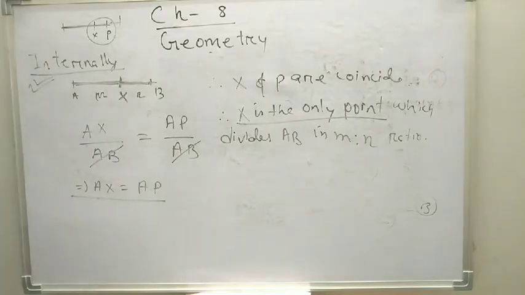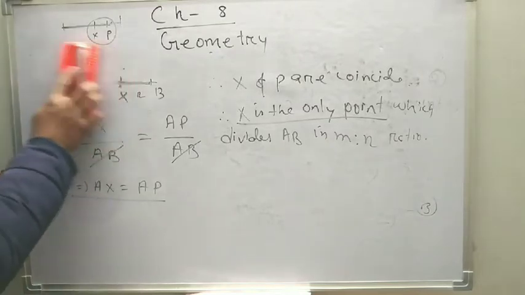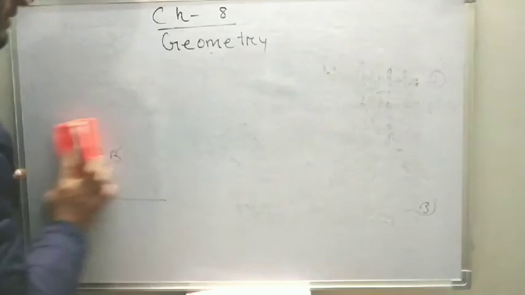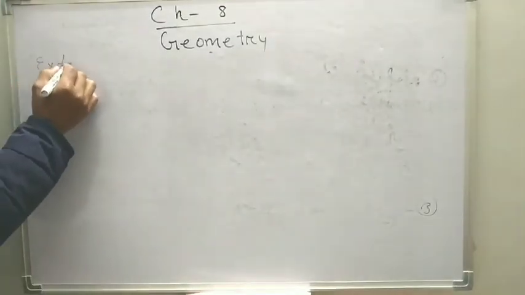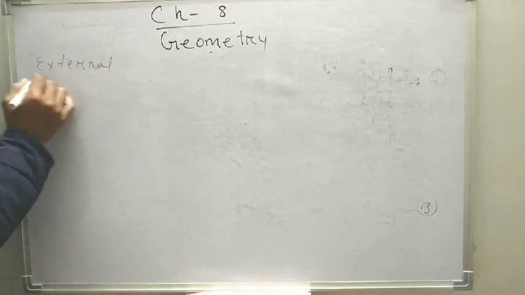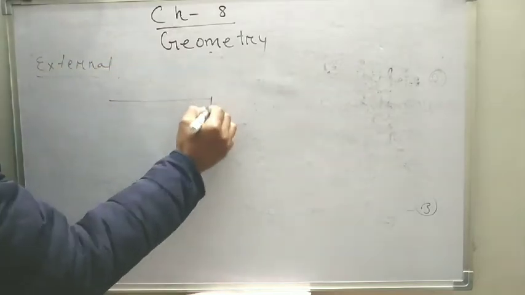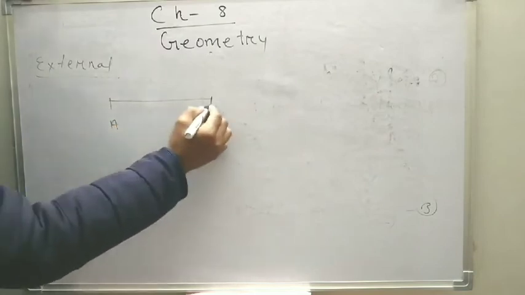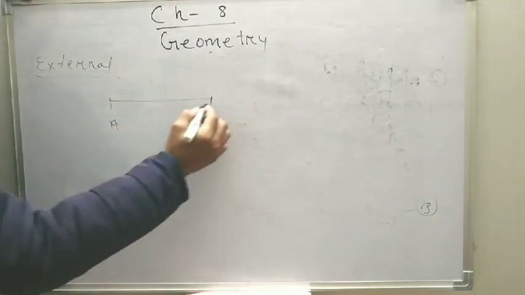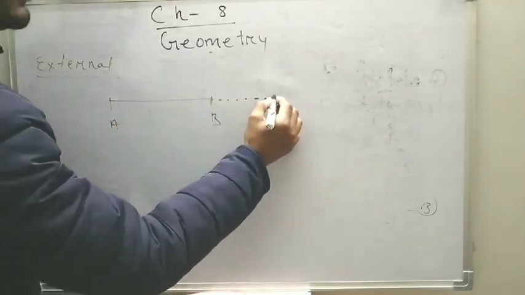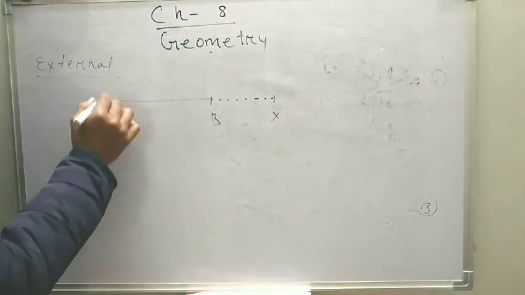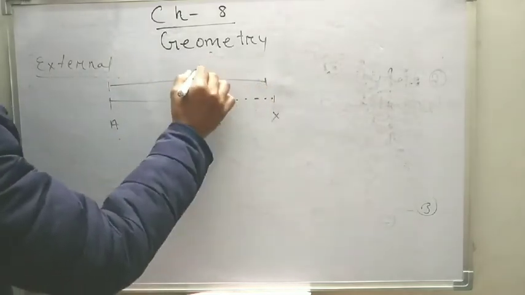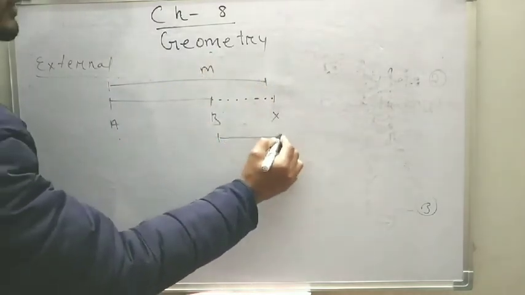So let us go for the external division of a line AB. Let us take one external division. Suppose this is a line AB, it is divided in such a way that from this to this it is m, and from this to this it is n.